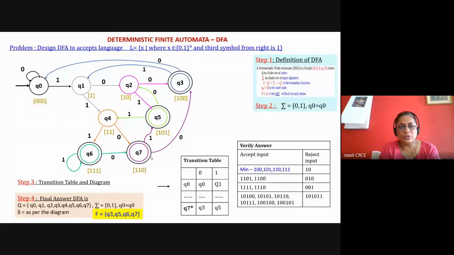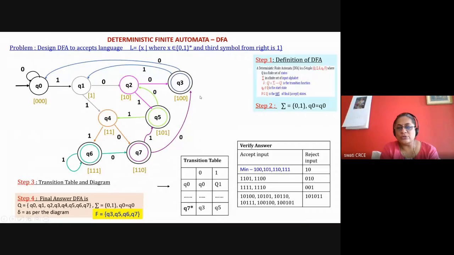Okay, so we'll go with the next problem. This was a different technique compared to the previous problems. Why? Because your third last symbol is 1. If the third last symbol is 1, then there are so many ways you go to the final state. Your string can be 100, then 110.